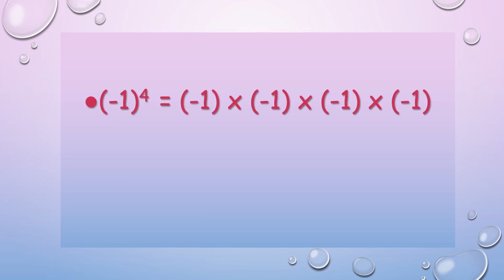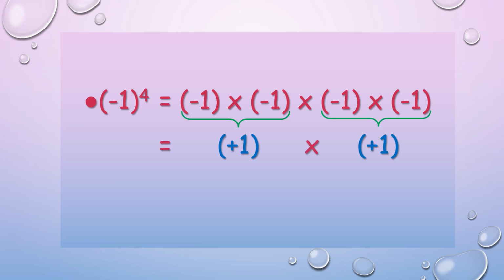Again, let's take minus 1 to the power 4. So there are 4 minus 1s, and positive 1 times positive 1. Positive 1 multiplied by another positive 1. So the answer is positive.